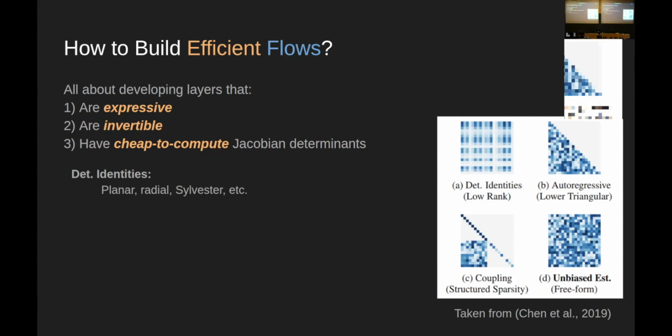In here we have planar and radial flows. They come from the original Rezende and Mohamed paper. And then Sylvester flows is actually by Rianne, the previous speaker, and collaborators. Unfortunately, I won't go into this class of flows today, but we will look at the other ones. You can, of course, look at the papers more if you're interested.